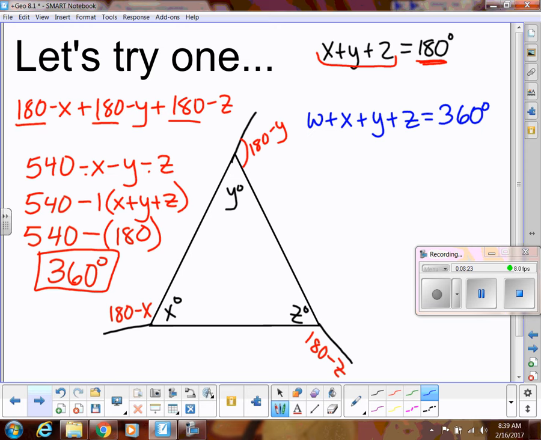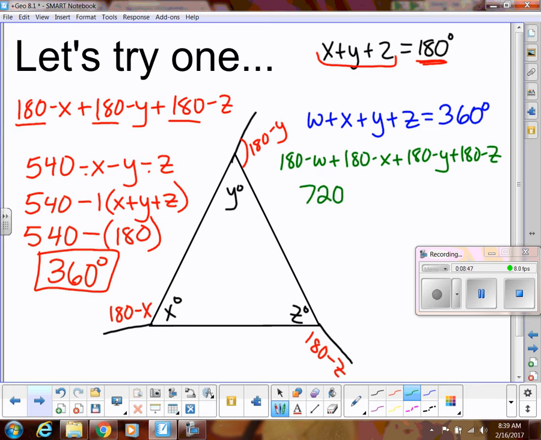All right, so what about the exterior angles? The exterior angles would look like 180 minus W plus 180 minus X plus 180 minus Y and then 180 minus Z. So what would all of those add up to be? Well, now I have 4 180s to add up together. So that would be 720.